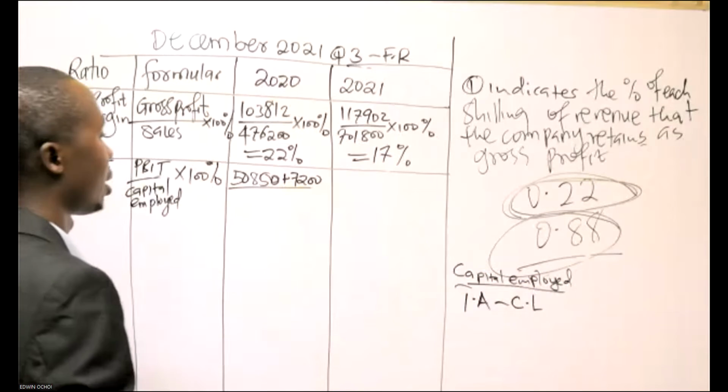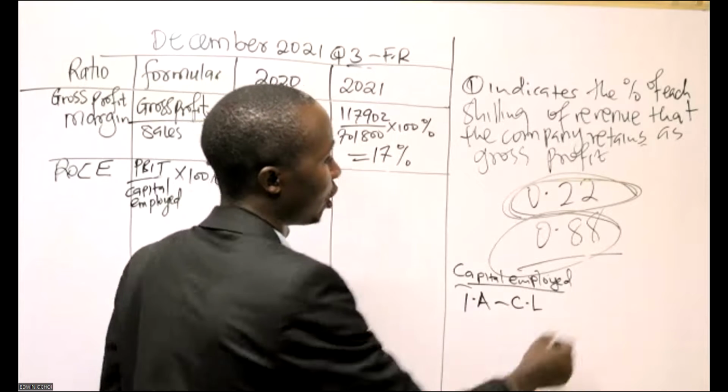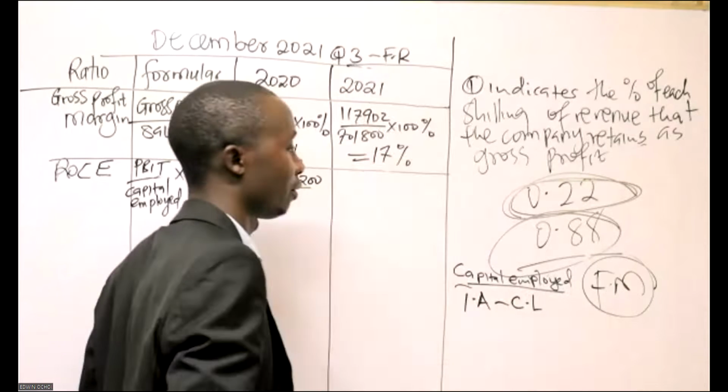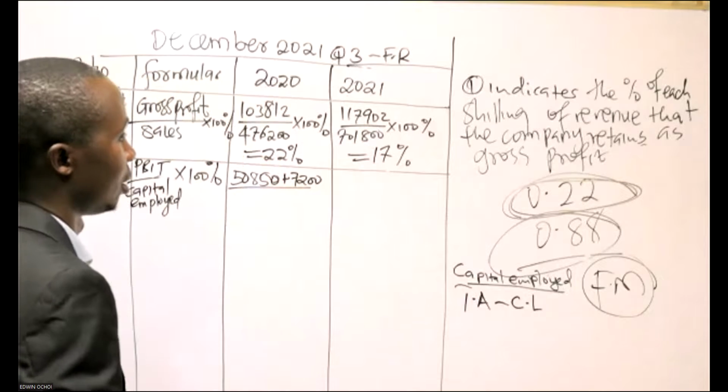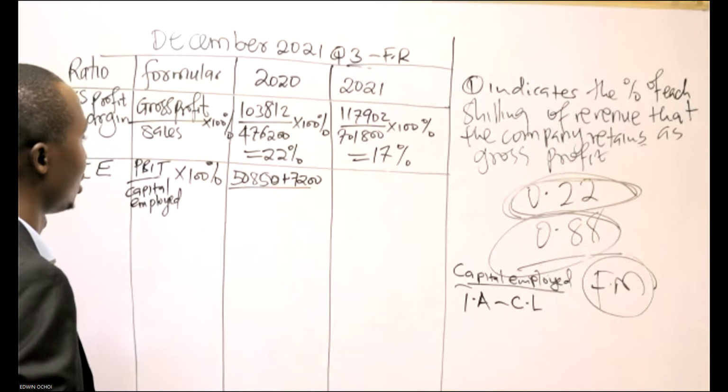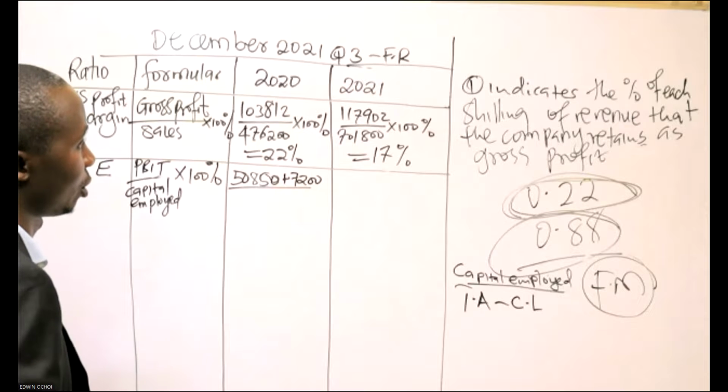For the guys who are doing FM, you have already done ratios from far. If you have not done ratios, we have already covered that, so you don't have to do it again.